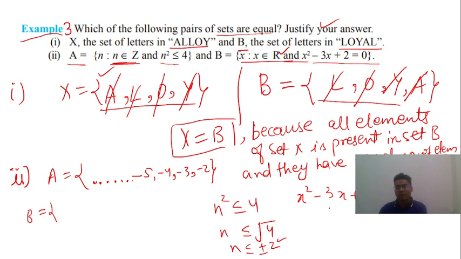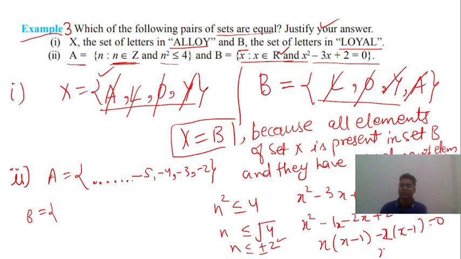So we will solve here x is equals to 2, and we can make it as negative 1x, negative 2x plus positive 2 is equals to 0. X minus 1, minus 2 times x minus 1 is equals to 0. X minus 1 and x minus 2 is equals to 0. So we get here two elements in set B as 1, 2.